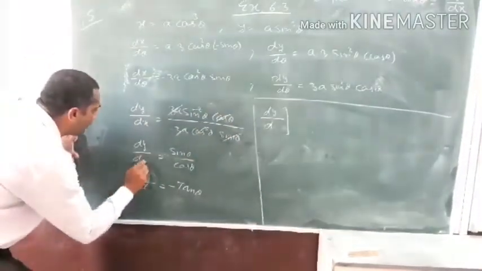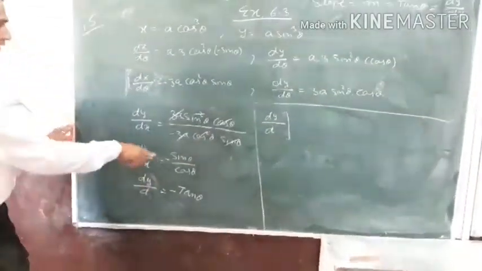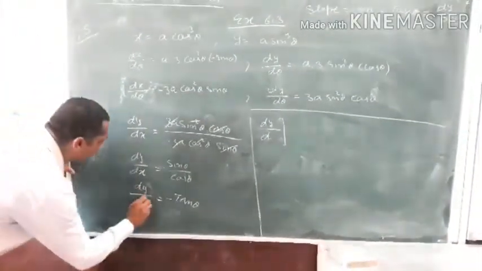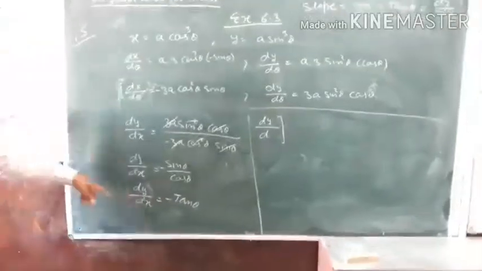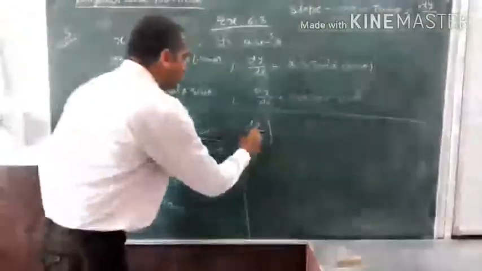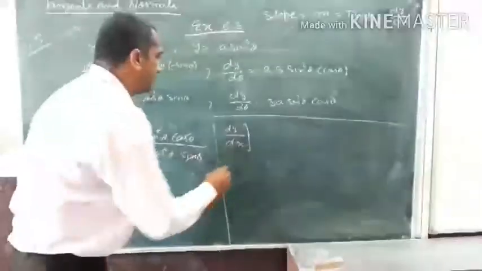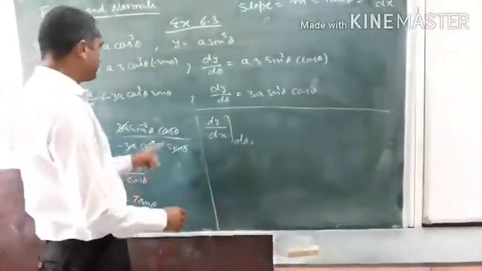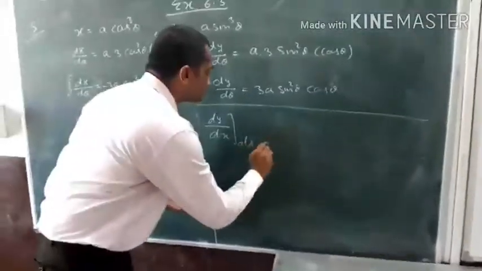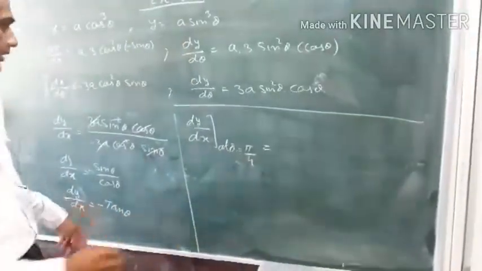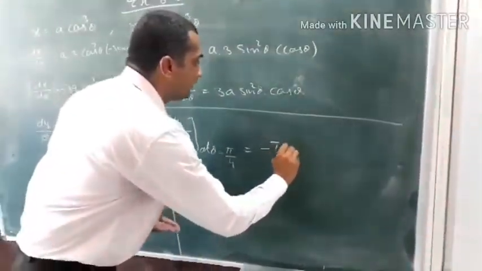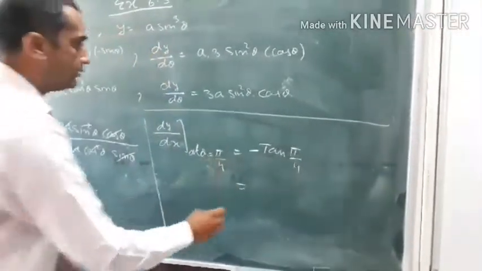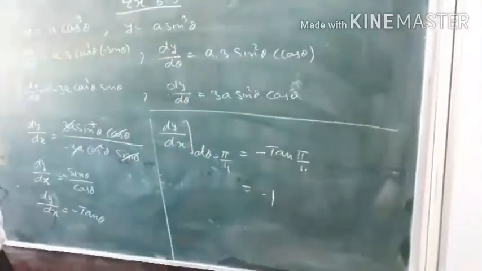So dy over dx is equal to minus sin theta over cos theta, which is minus tan theta. So dy over dx at theta is equal to pi by 4 will be minus tan pi by 4. The value of this is minus 1.